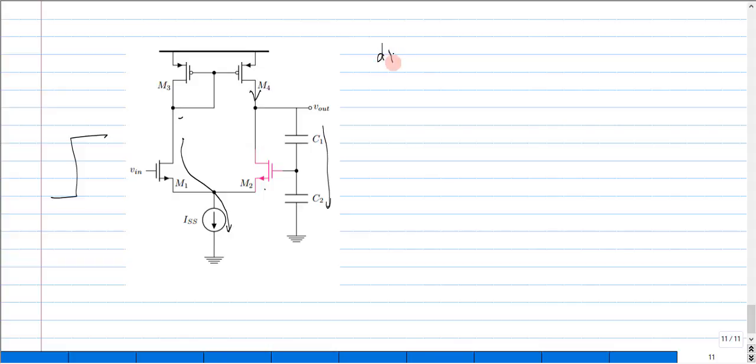The rate at which this charging happens initially, till our transistor M2 comes back into action, would be equal to ISS divided by the combination of these two capacitors, and this is nothing but our positive slew rate.